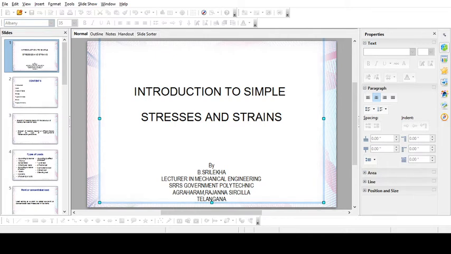Next comes dynamic load. Dynamic loads are nothing but the loads which are applied rapidly. These loads are varying with time. Something like a plunger hitting from a flywheel, that is a dynamic load.